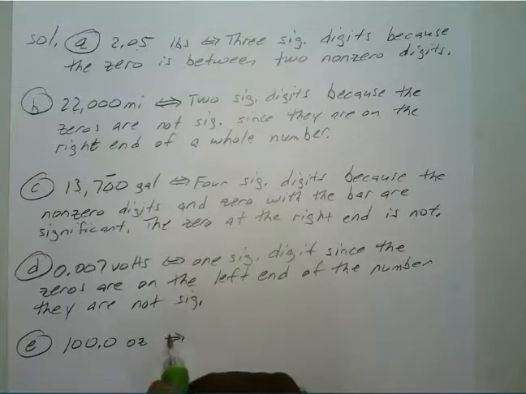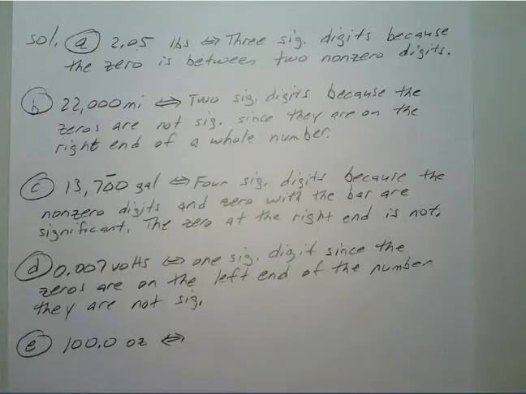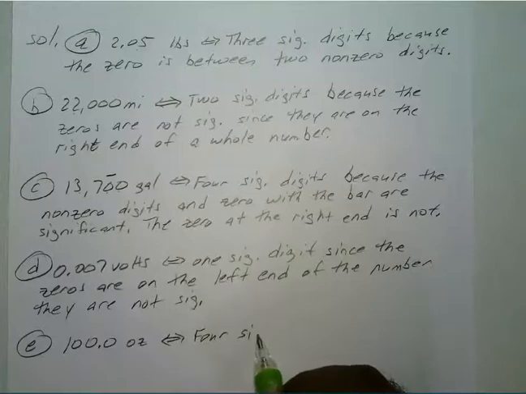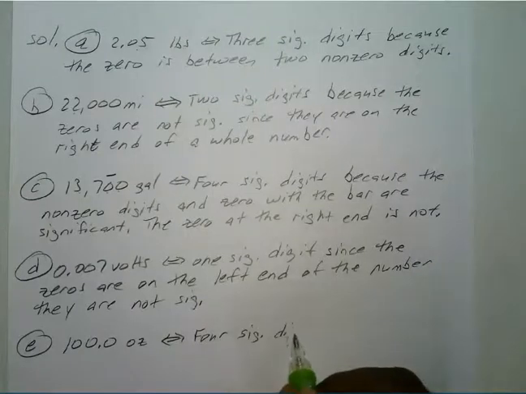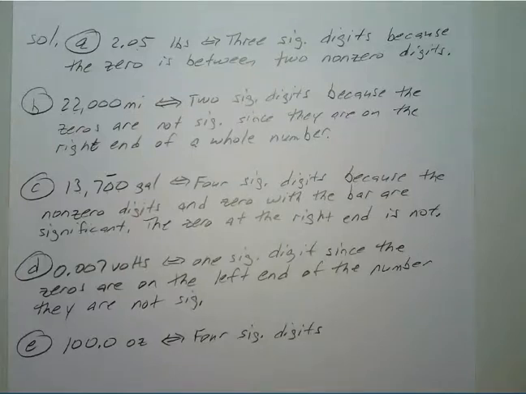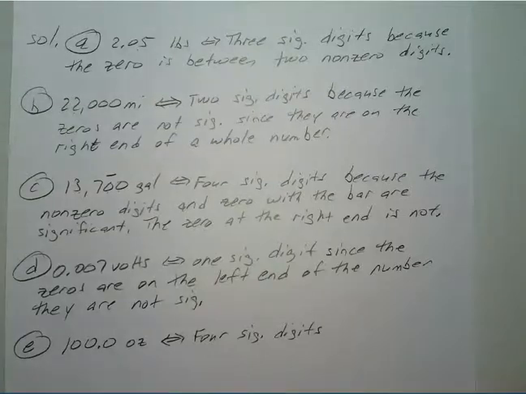Hopefully, most of you did get this, but this one has 4 significant digits. Why is that? Because remember, the values at the right end of the decimal are significant.